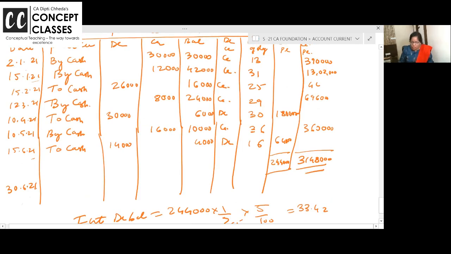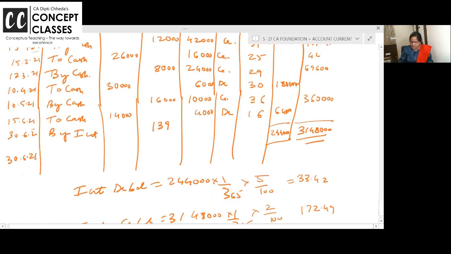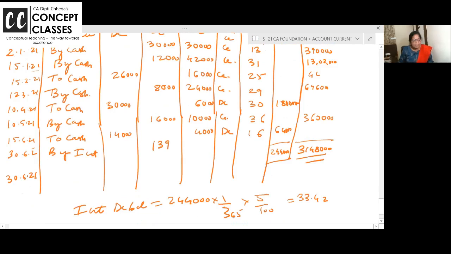Credit side is more, so write interest on the credit side. On 30 June, by interest. Bank के लिए interest is expense and they are giving the interest to Rahman. So Rahman credit 139. And now you can balance the ledger.